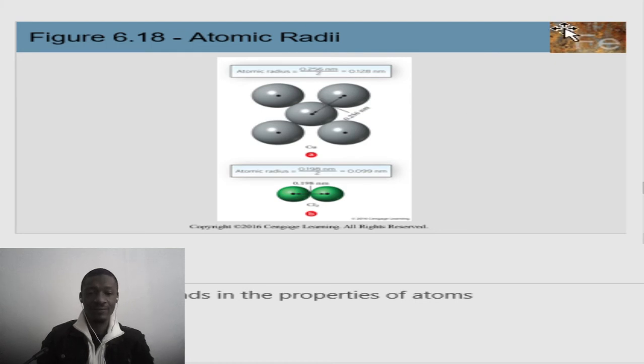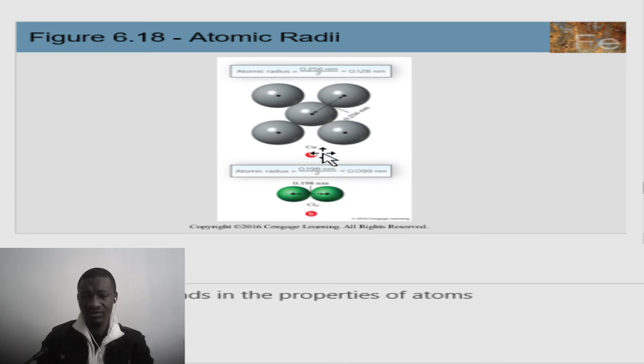So this is what we're talking about when we're talking about the radius in itself. You have a diameter, which is from one end to the other, then you have the radius. I don't know if you can see it effectively. This is the radius of one element and the radius of another, which is very different.